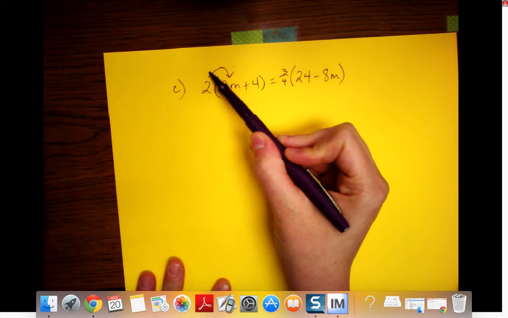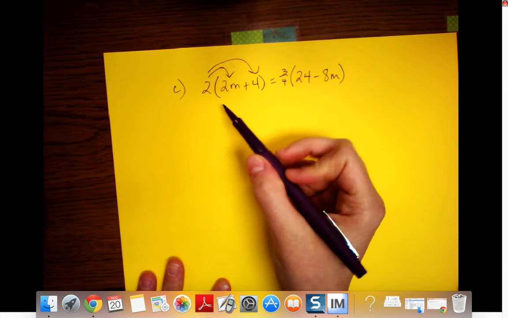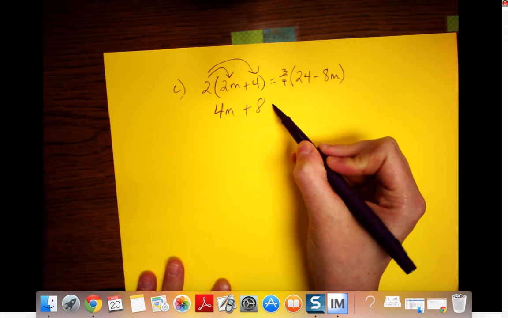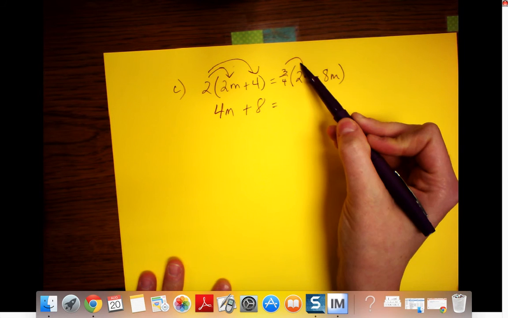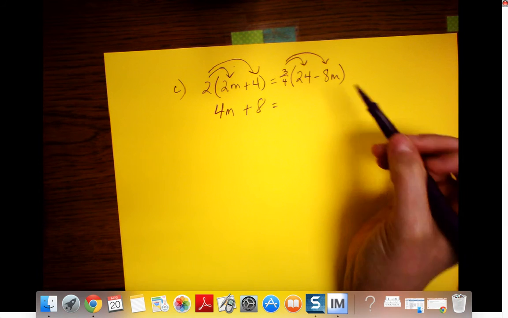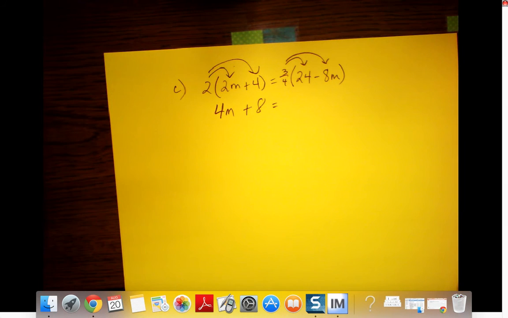So we have to distribute this 2, so that's 4m plus 8. All right, 3/4 times 24. What you can do is you can say in your calculator 24 times 3 and press enter, and then divide by 4. And that's 18.